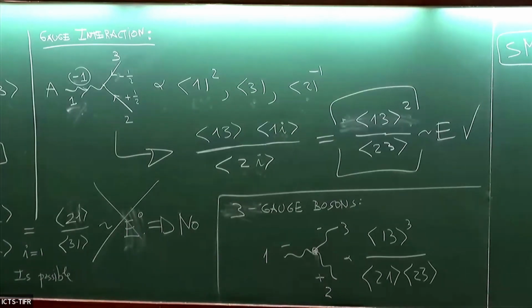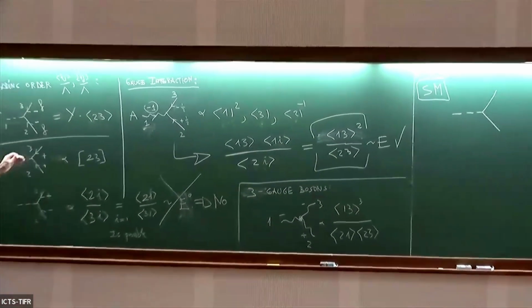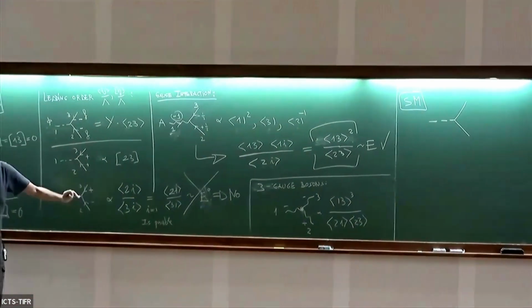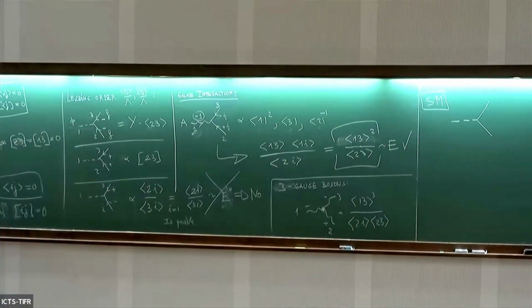Either one or the other. So when I look here in this diagram, all square brackets are zero. When I go to this one, all angle brackets were zero. Either when I look at the coupling, either one or the other.